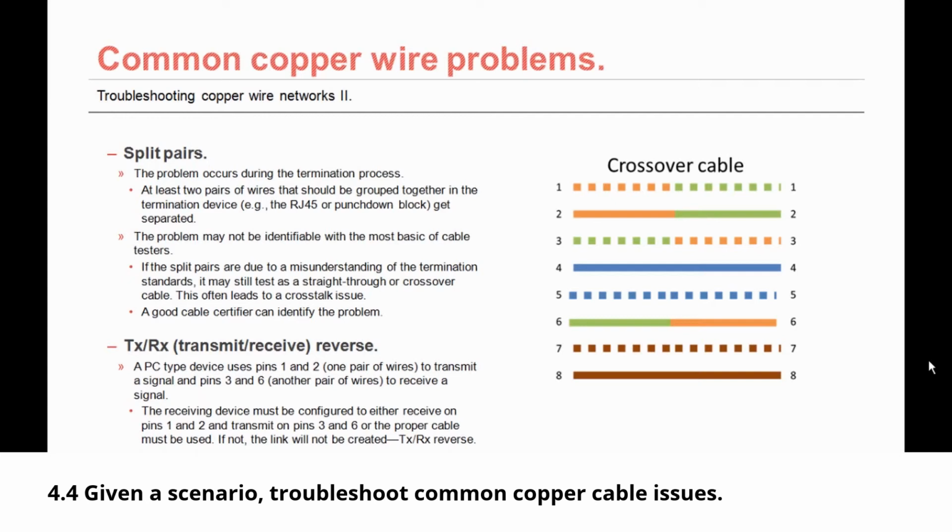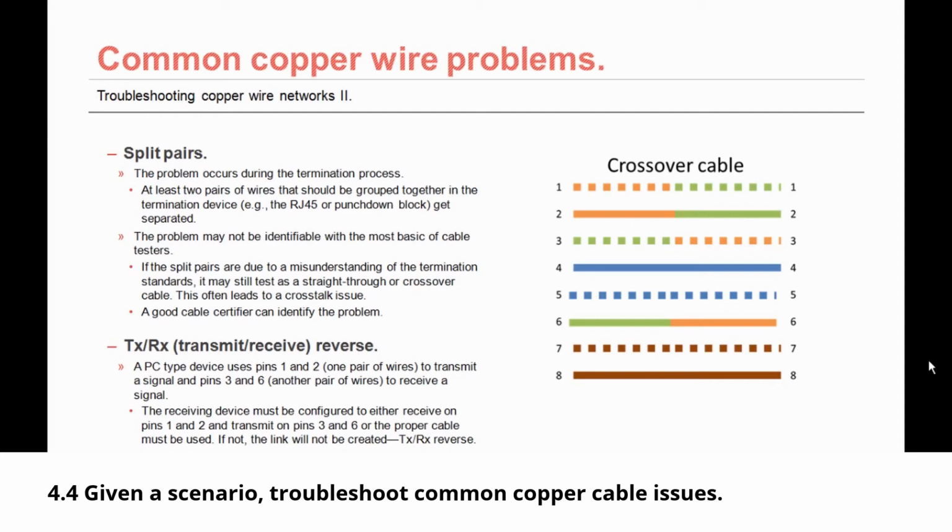Then there's the TX-RX reverse, or the transmit-receive reverse problem. A PC-type device always uses pins 1 and 2 as one pair of wires to transmit a signal and pins 3 and 6, another pair of wires, to receive a signal.